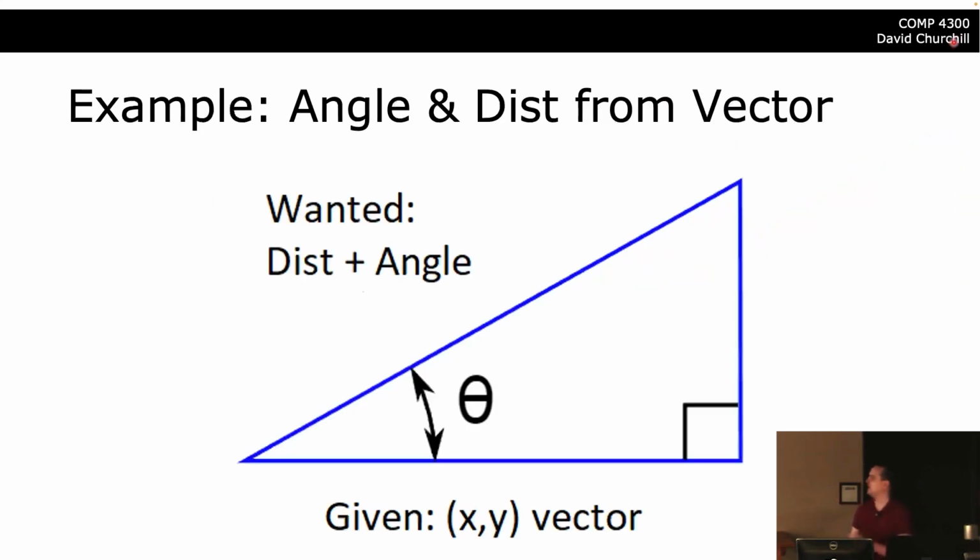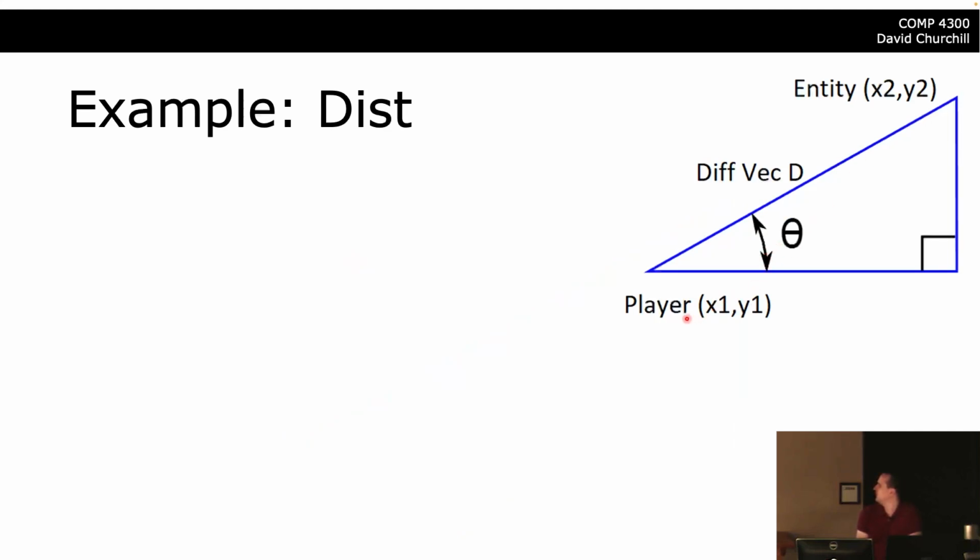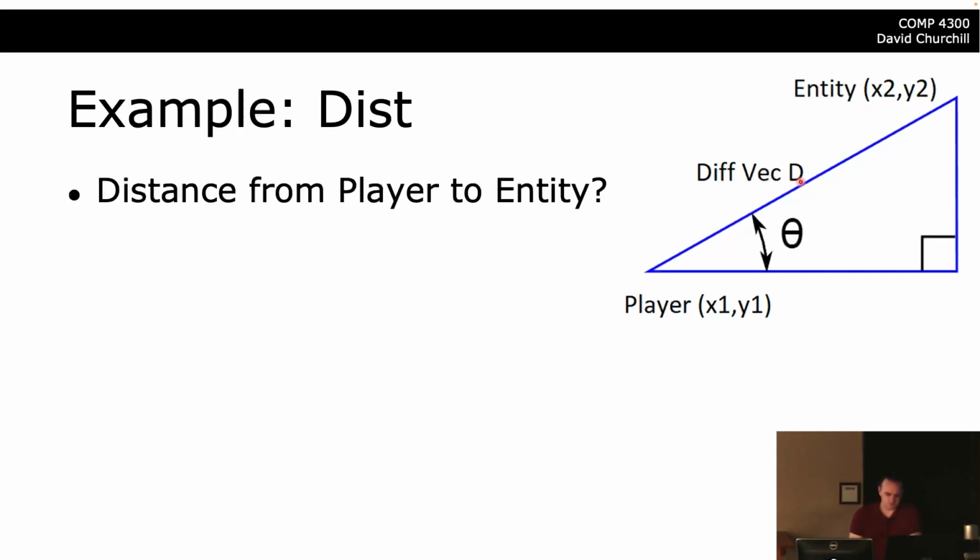Now let's say we have the opposite problem, right? I've given you the vector of x and y change, and what I want you to find is the distance, or the speed, so the length of the hypotenuse, and the angle. Okay, so how would you do that? Well, if I've given you this player at an x1, y1 position and another entity at an x2, y2 position, then what is the distance from the player to the entity?